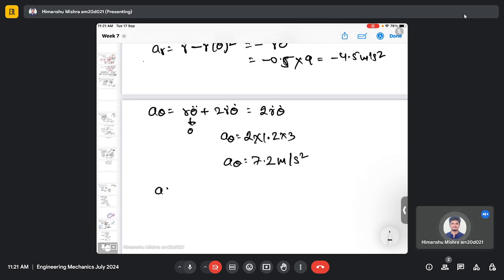Now I can calculate the magnitude of acceleration, which is the square root of ar square plus a theta square, which will give me 4.5 square. I am not writing the minus sign, because when I square this, it doesn't matter. And 7.2 square.